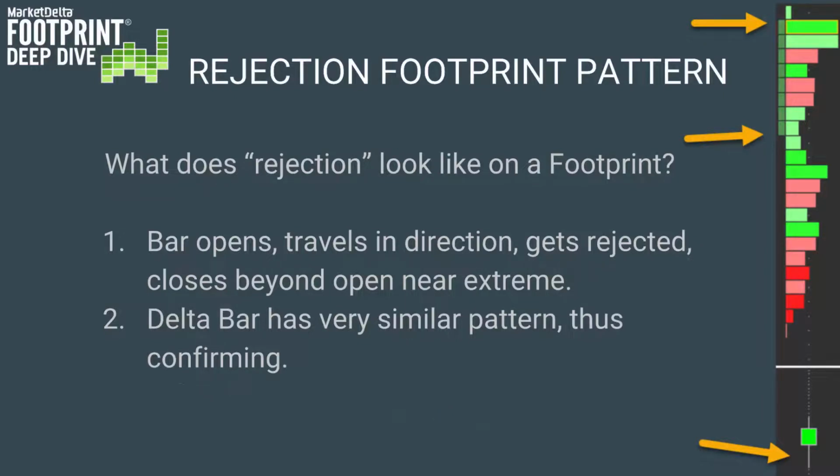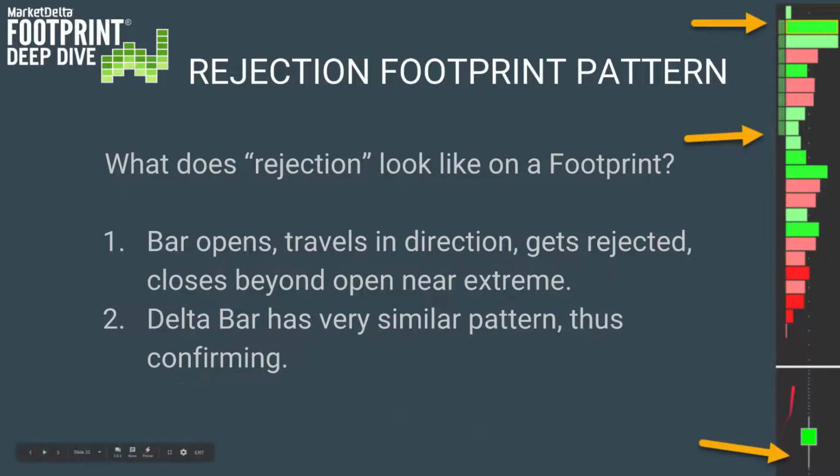All right, before we do, let's just look at a footprint in general of this pattern type. What does this rejection pattern look like on a footprint? Well, the bar opens, travels in a direction, gets rejected, and then closes beyond the open near the extreme. So look over here on the far right side.